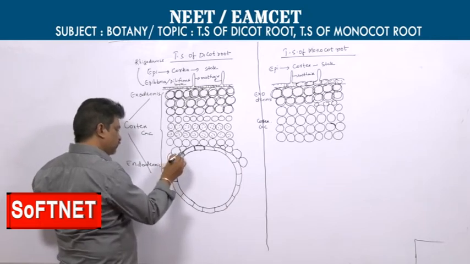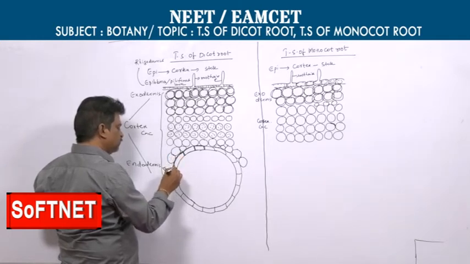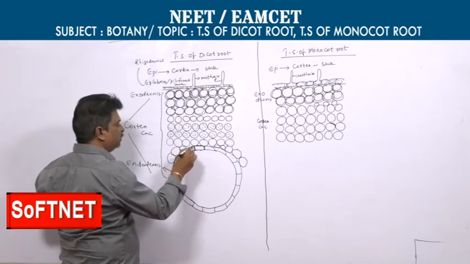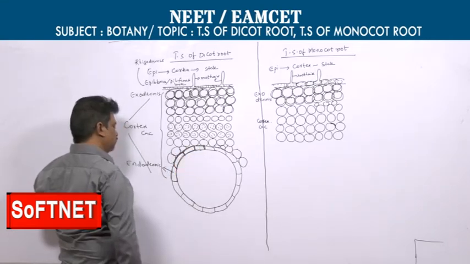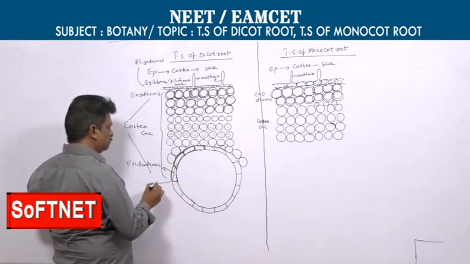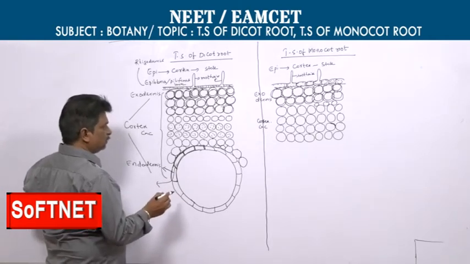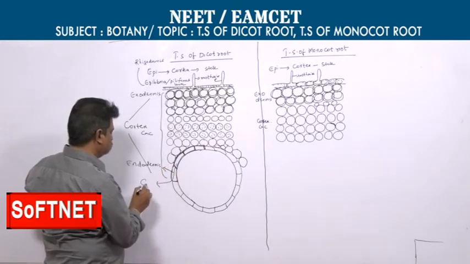Generally, this endodermis shows two types of cells. Among the two types, some of the endodermal cells show tangential and also radial thickenings. These are tangential and these are radial thickenings. These thickenings are due to deposition of lignin and suberin.